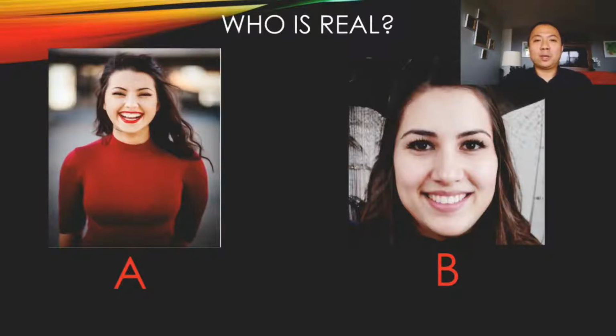So the question I'm going to ask right now is, who is real again? Is the image that you see in front of you real? Is image A, for example, real as opposed to image B? Is image B real? These are the 2 images that right now I'm going to ask you to write on a piece of paper that you think the image that you are seeing in front of you is real.